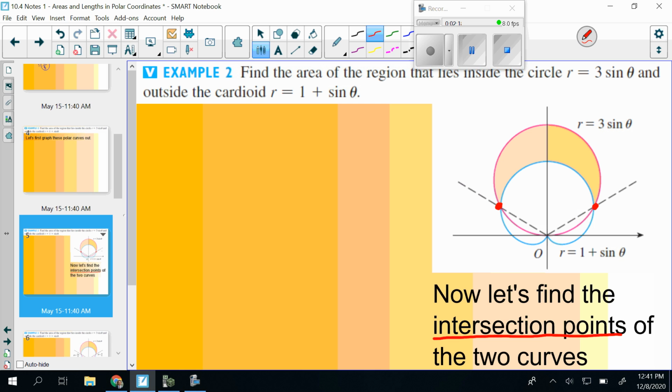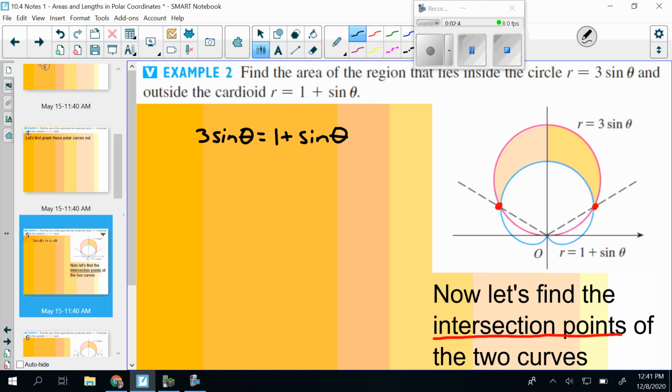Recall from before, just like when we were in Cartesian, if you want to find those intersection points, set these two functions equal to each other and then solve them out. So we want to solve this and see what it gives us. In order to solve this, let's get our sines together here.